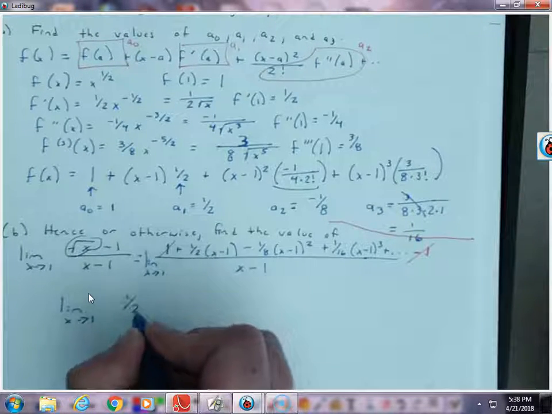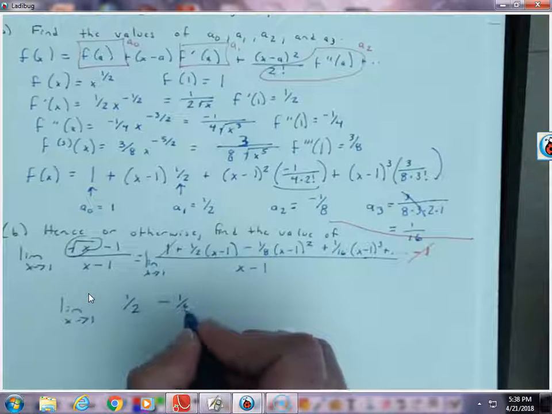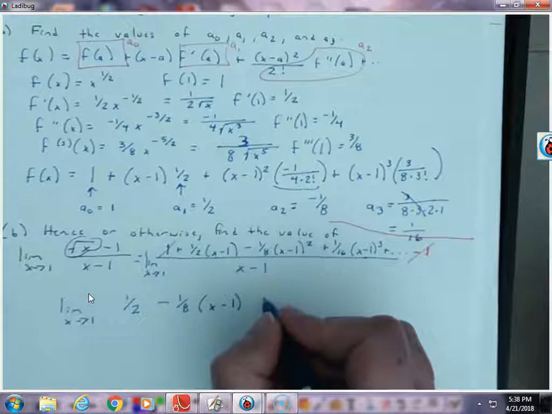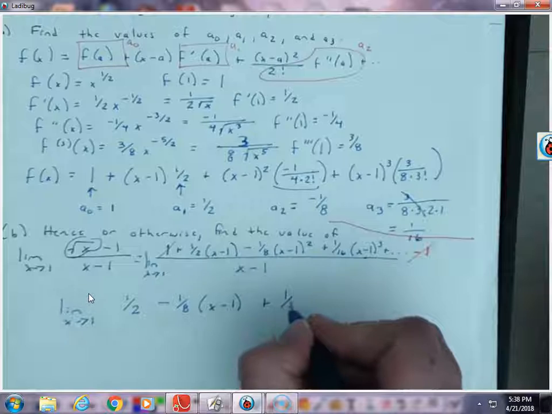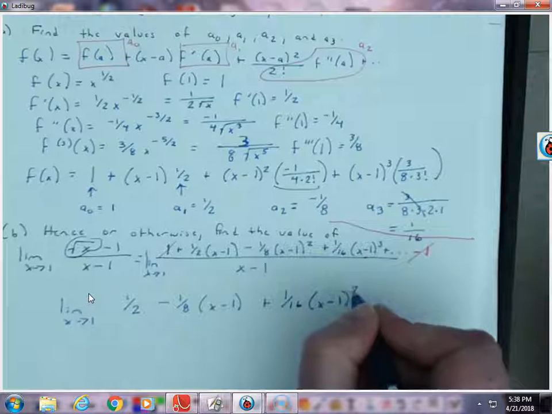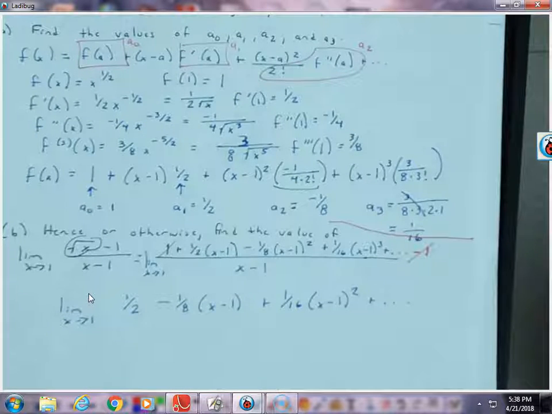You would have 1/2. If you divide this term by x minus 1, you'd have minus 1/8 times (x minus 1), because one of those is canceling. And then the next one plus 1/16 times (x minus 1) quantity squared. And you're indicating that you know what goes on in that pattern.